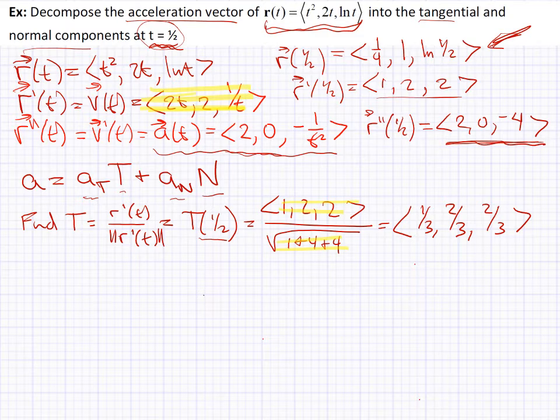Okay. Then, next thing I want to do is find a sub t. Now, there's a couple of ways we can find a sub t. One way we can do it is it's the derivative of the speed, right? It's the change in the speed that we saw when we did the decomposition just a few minutes ago.